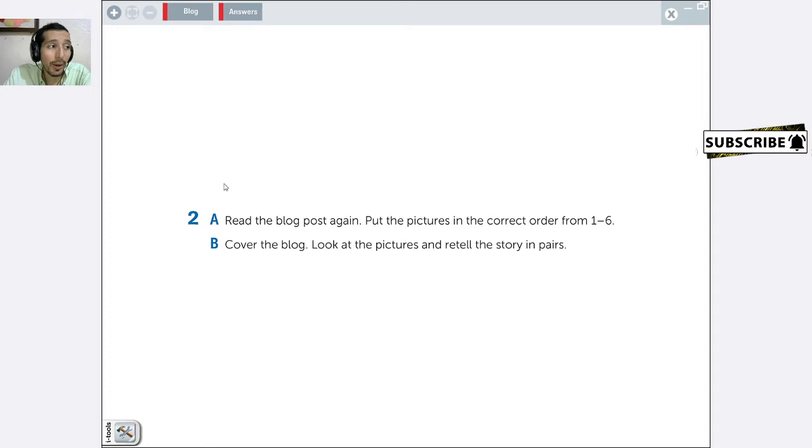The next task would be: read the blog post again if you don't remember. Put the pictures in the correct order. You would have to number each picture from 1 to 6, number 1 indicating the first thing that happened, and you would continue like that all the way to number 6.